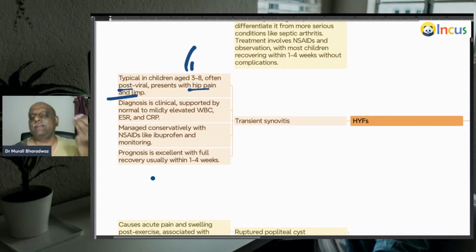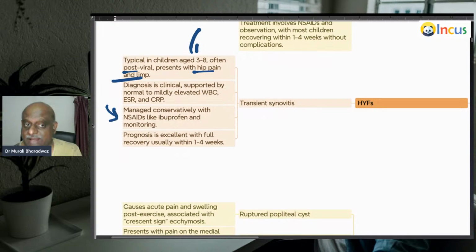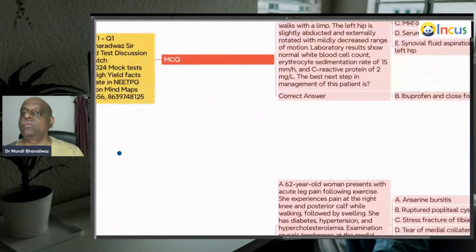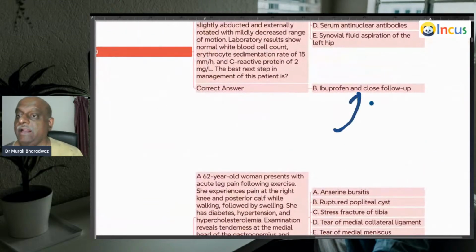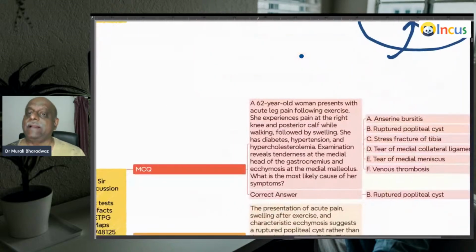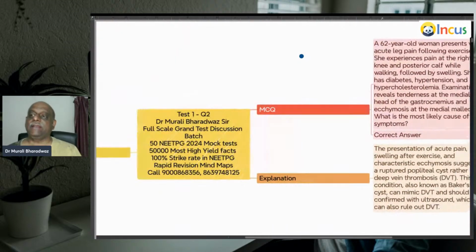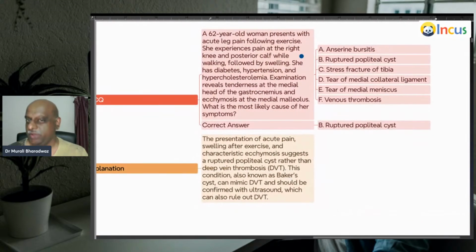Only mildly elevated WBC, ESR and CRP. It is conservatively managed with NSAIDs like ibuprofen, with full recovery within 1 to 4 weeks. So ibuprofen and close follow-up is the management for transient synovitis.